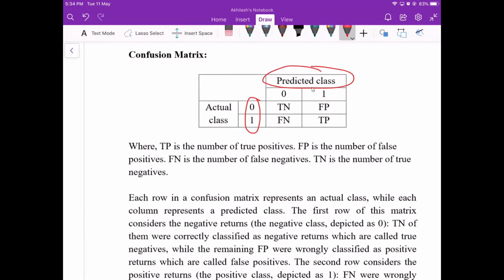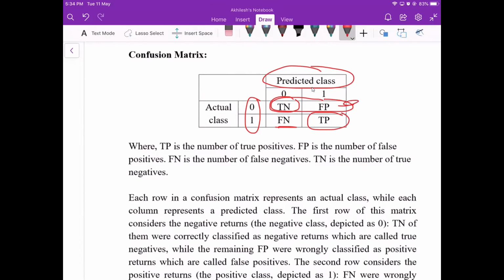TN is the true negative. I mean, out of this total, this much TN is classified correctly, the negatives are classified correctly. Similarly, there is the true positive, and this is false negative, and this is called false positive.